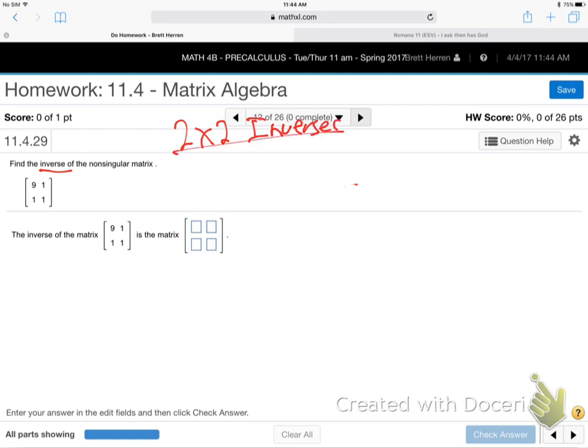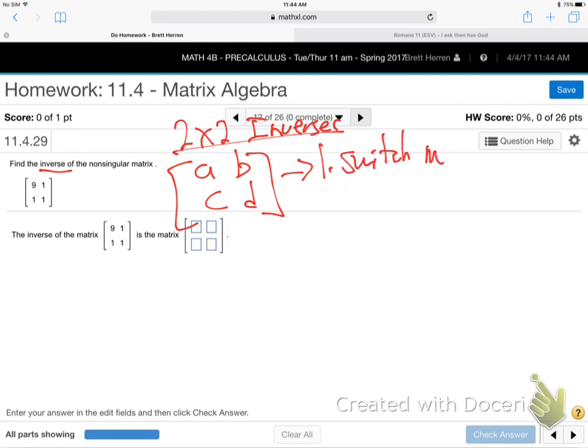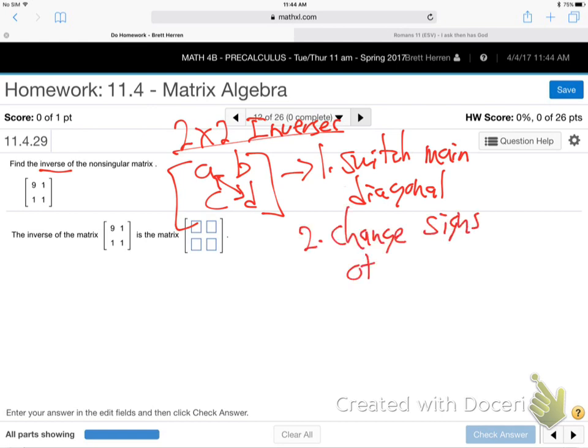If you start with A, B, C, D, step 1, switch the main diagonal. That means this diagonal. Step 2, change the signs on the other diagonal.